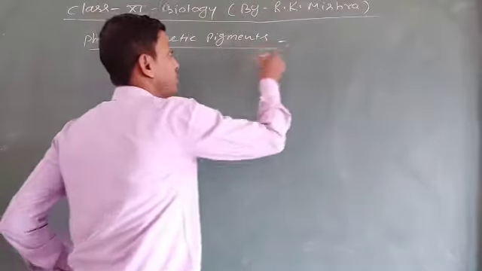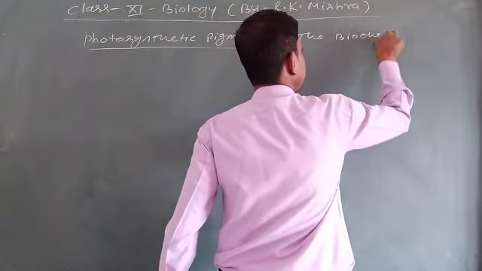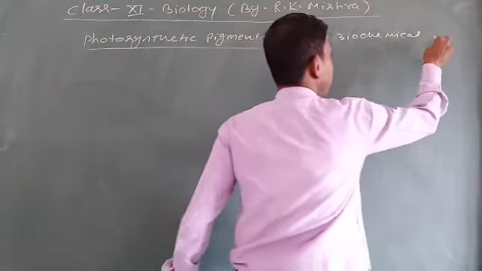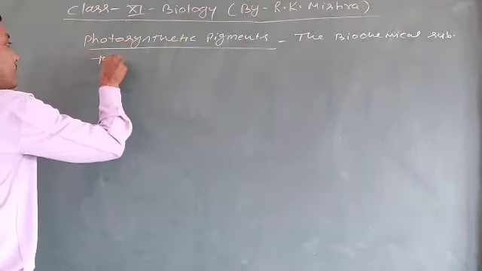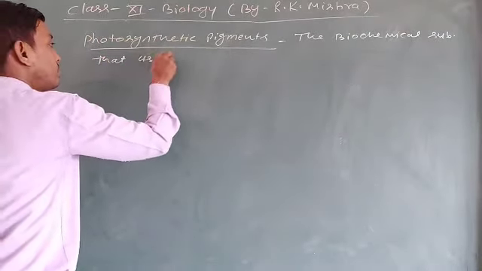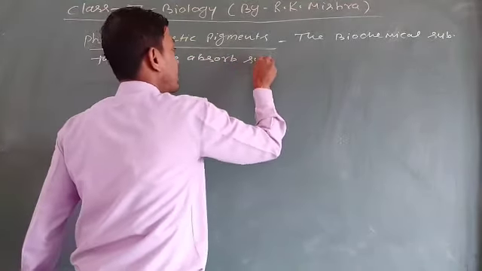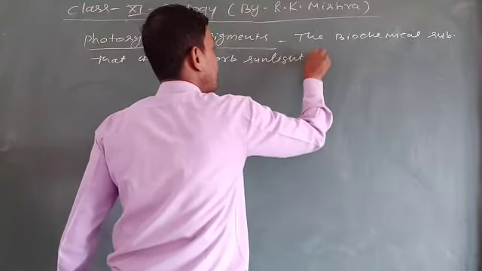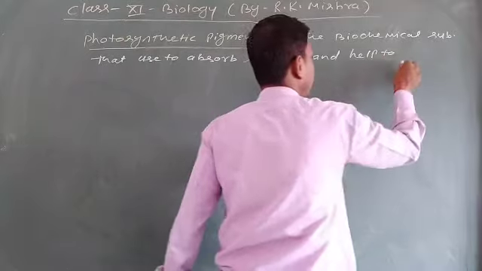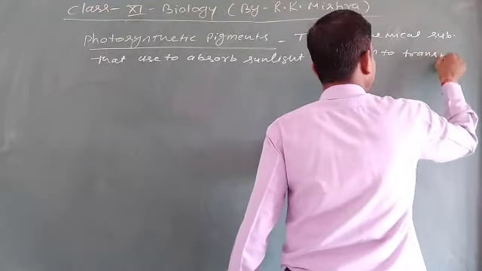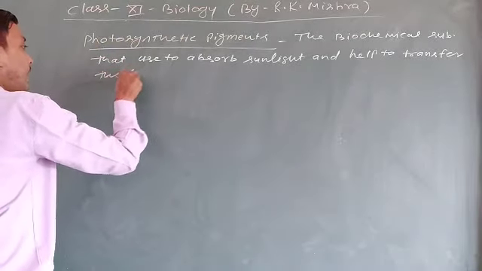Photosynthetic pigments are the biochemical substances that are used to absorb sunlight and help to transfer the light energy.